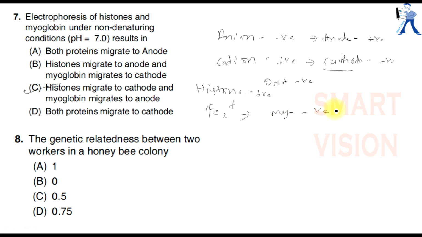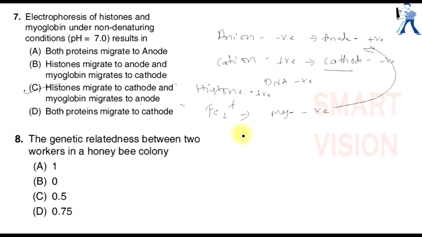If it is negatively charged, it moves towards the anode. Both sentences are satisfied: histones migrate to cathode and myoglobin migrates to anode. Our option is C.